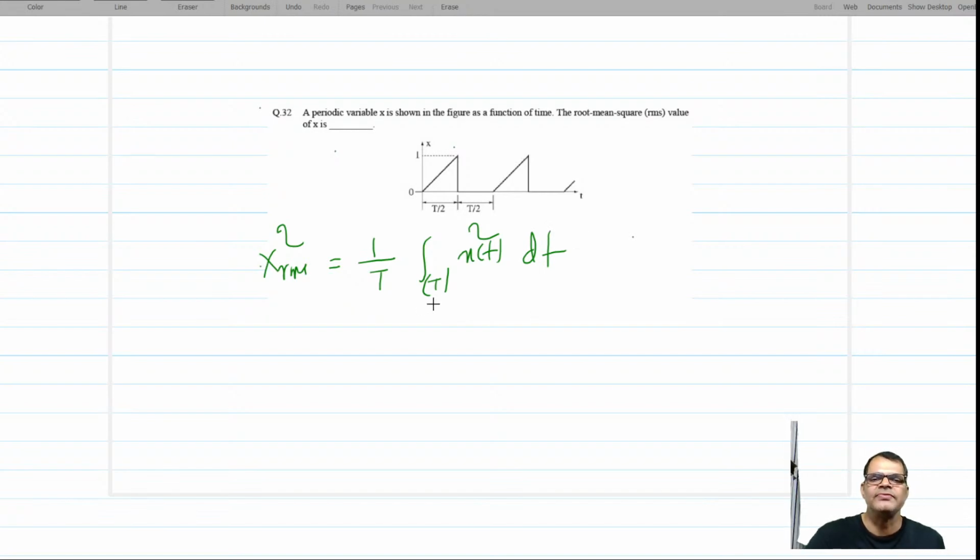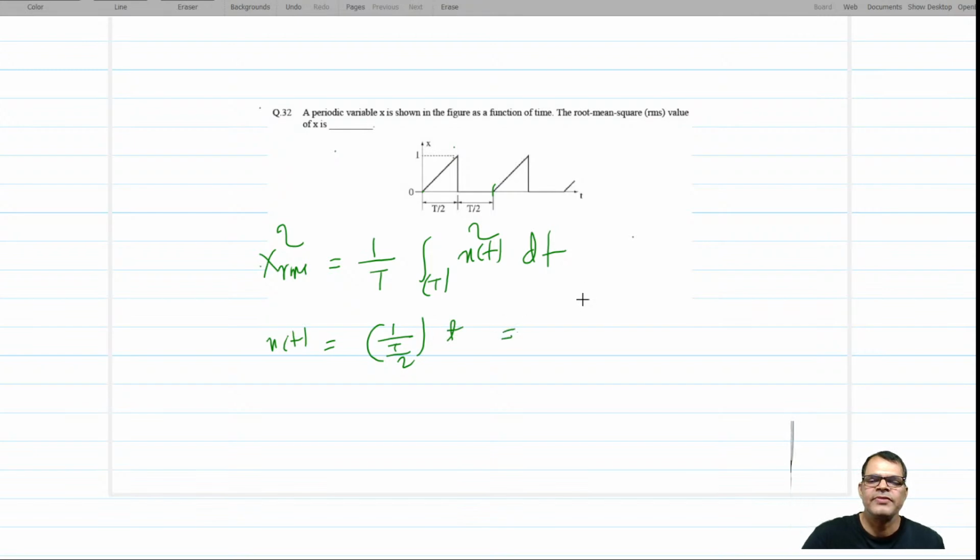Then you have to identify T. The time period is clearly T, with T by 2 and T by 2, but x of t exists from 0 to T by 2, right? And you know the equation of a straight line, that is the slope. The slope is 1 upon T by 2, into t.